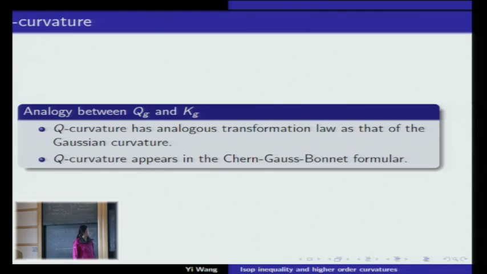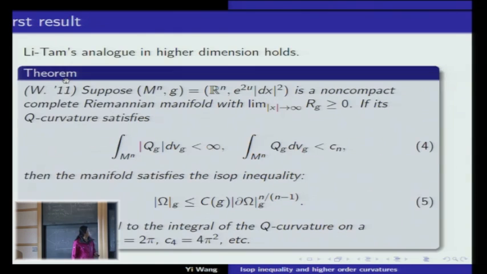And another reason that we guess Q curvature is related to the isoperimetric inequality is because Q curvature also appears in the Chern-Gauss-Bonnet formula in higher dimension, as is the case for the Gaussian curvature in 2 dimensions. So because of those reasons, we're guessing that the Q curvature is the correct notion to look at to deal with the higher dimensional isoperimetric inequality.